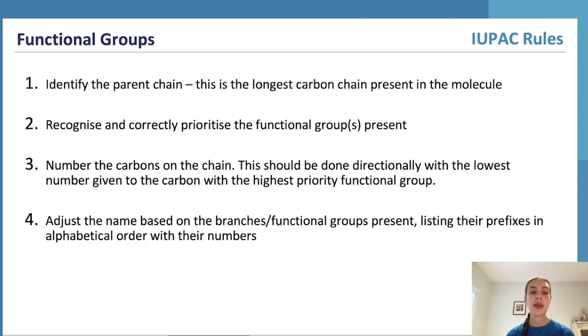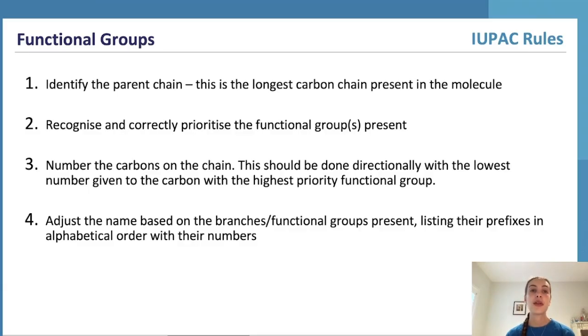The final step is adjusting the name based on branches or functional groups that are present, and this is done by listing their prefixes in alphabetical order with numbers. We list the functional groups out the front that may be prefixes, and those prefixes will always need to be put in alphabetical order with numbering at the beginning.